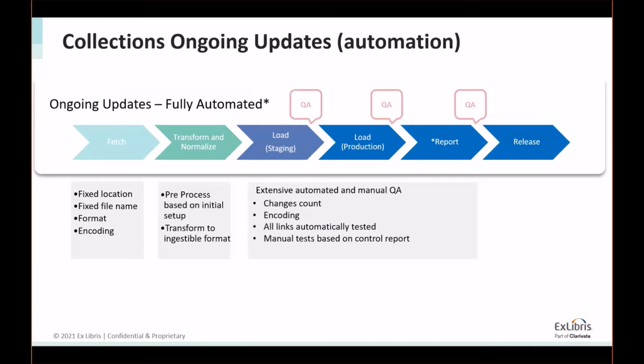As I explained, some of the data supplied in the title list may require manipulation. It's not the standard format, and we need to do some normalization of the data. The title list is processed through a predefined parser, and the data is normalized and transformed to enable the ingestion.